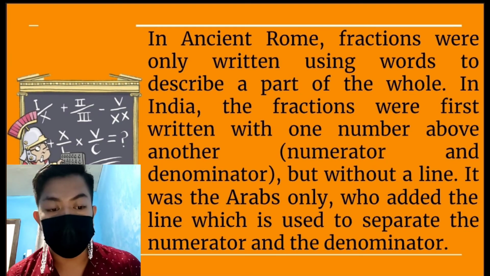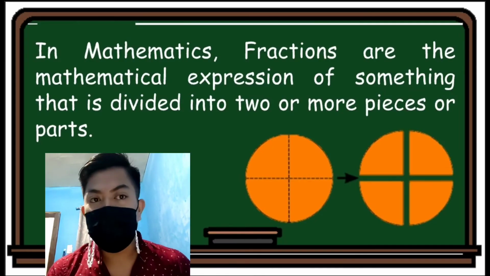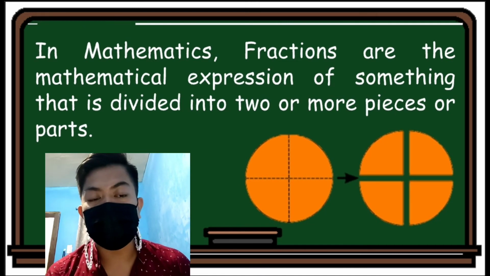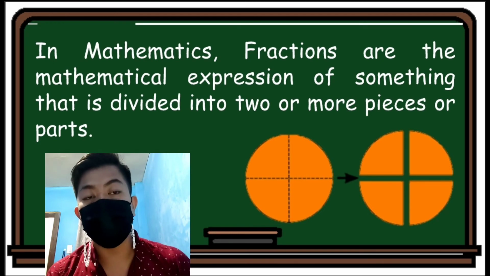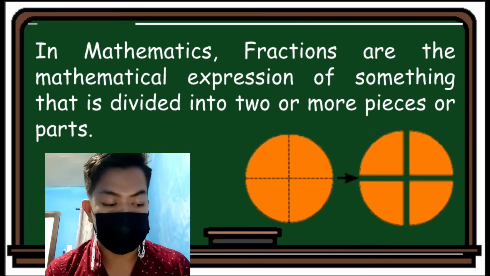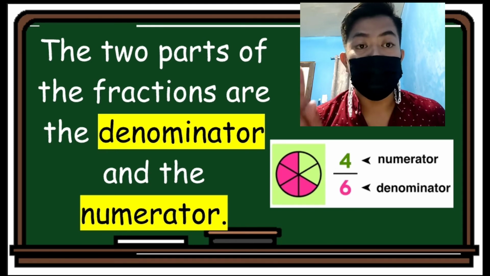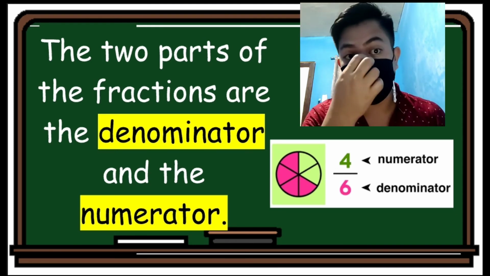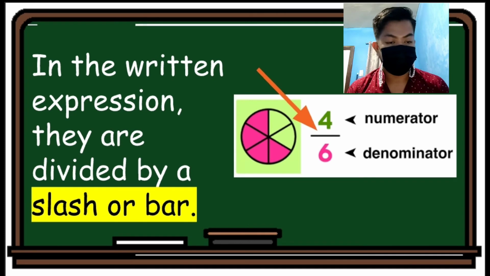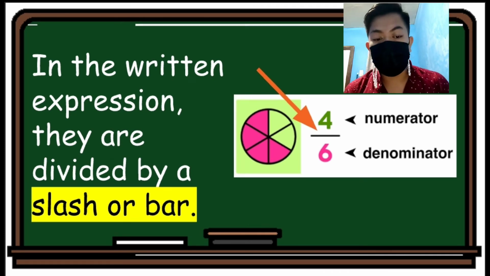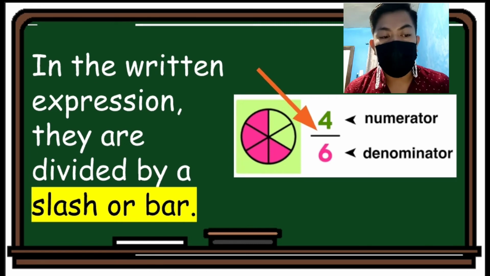and denominator. In mathematics, fractions are the mathematical expressions of something that is divided into two or more pieces or parts. The two parts of fractions are the numerator and denominator. In the written expressions, they are divided by a slash or a bar.